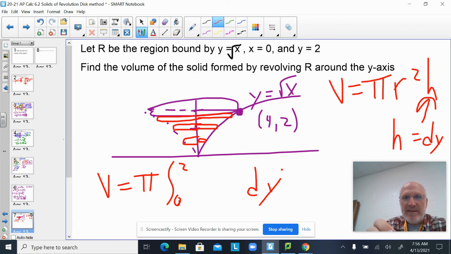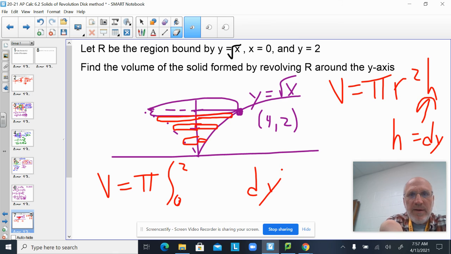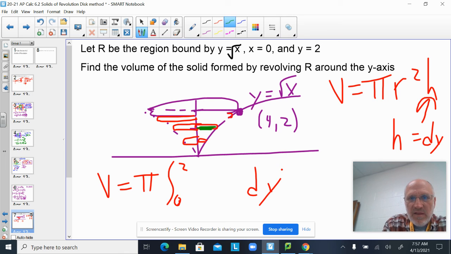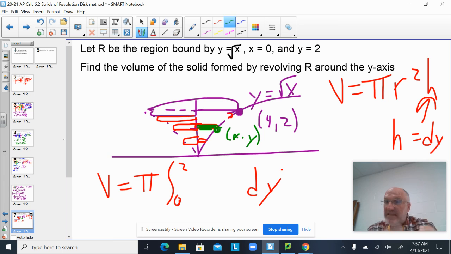Now let's talk about the radius. I'm trying to squeeze a radius right in here. That green line right there is my radius. Right here, this point is some point x comma y on that function. That radius is the x coordinate. It starts at 0 and goes to the x.